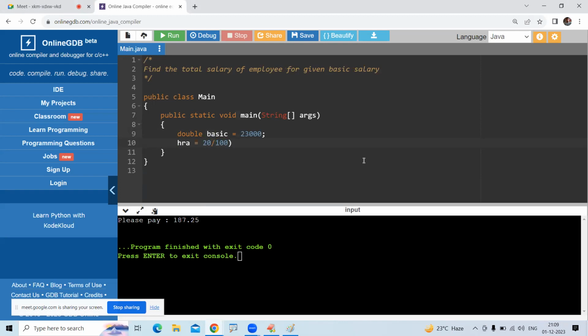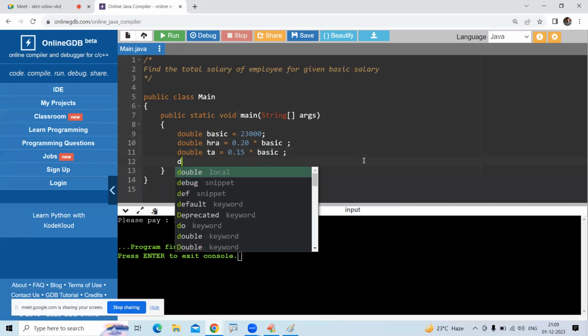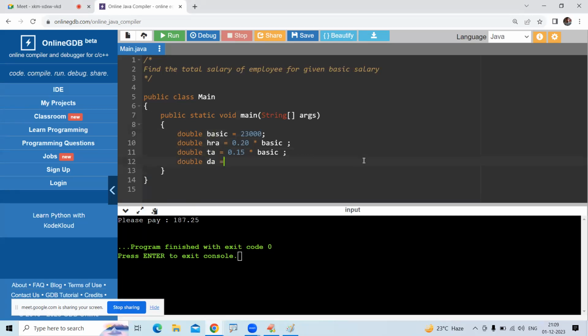You can write like this, or simply 0.20 I will write, 20% of basic salary. That is HRA. Sir, traveling allowances, 15%. TA is equal to 0.15 into basic salary. Sir, dearness allowance, DA is equal to 25% suppose of basic salary.